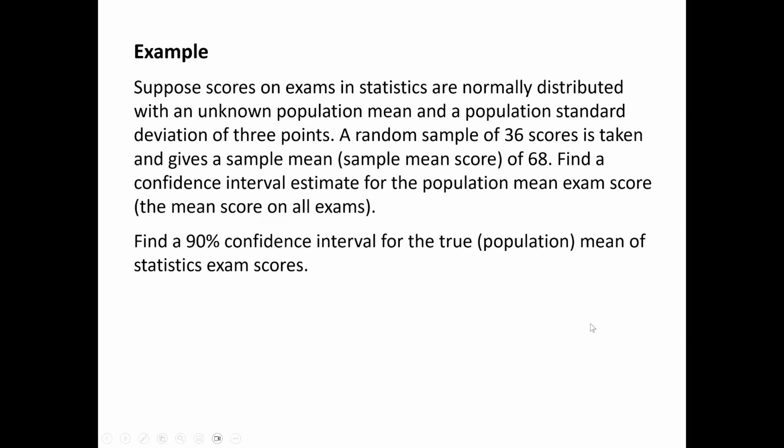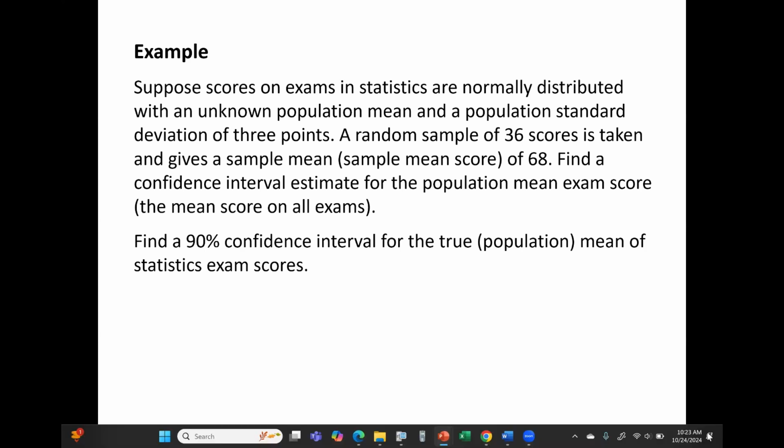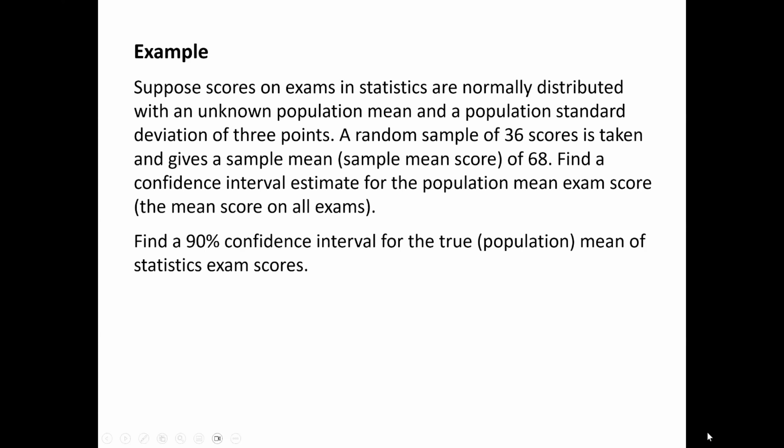A random sample of 36 scores is taken and gives a sample mean of 68. Find a confidence interval estimate for the population mean exam score, the mean score on all exams. Use a 90% confidence interval for the true population mean of the statistics exam scores. So I need to find Z sub alpha over 2.